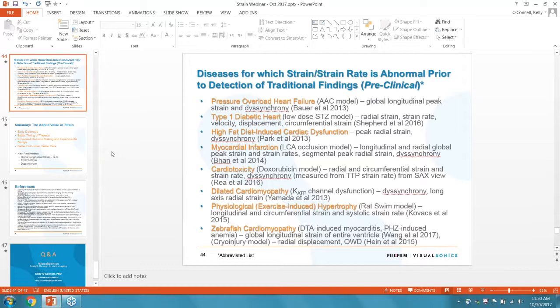I have not seen any global radial strain. The GLS, the longitudinal view, is again just the most studied parameter and the most sensitive parameter that we have in strain for dysfunction. Perhaps I haven't seen it because it just isn't used very frequently, but definitely something to consider adding to our strain package.